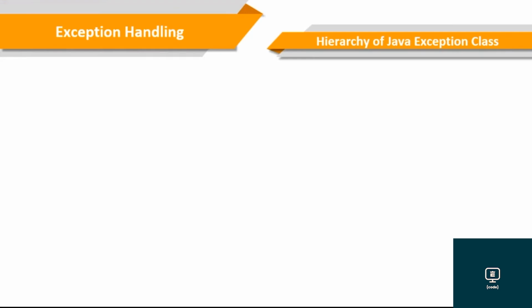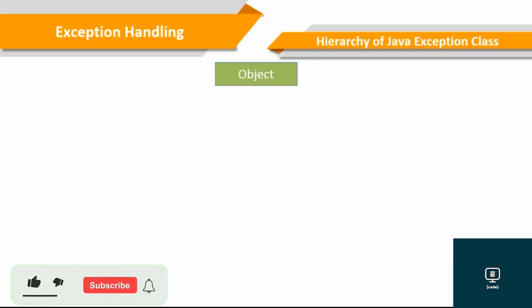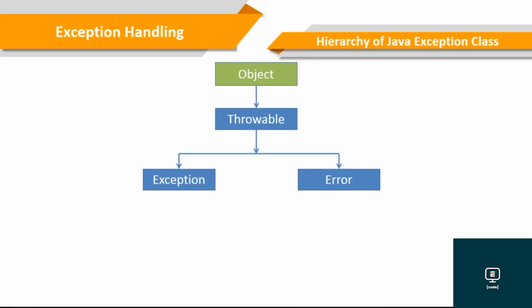So let's take a closer look at the hierarchy of the Java exception class. And as you can see here in the diagram, Object is the topmost class in Java. All the classes extend the Object class by default in Java. That's why it's known as a superclass. So here, Throwable is the topmost class of the exception classes, and it's located in the java.lang package.